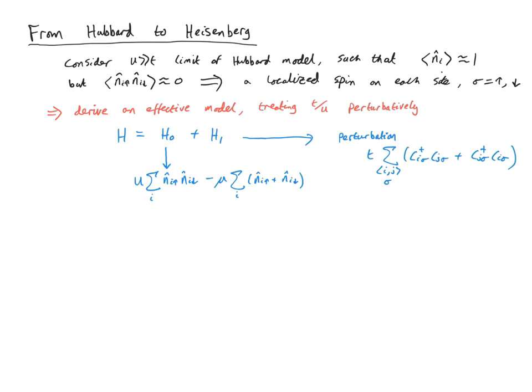But actually, we don't need to treat the entire lattice if we're just doing second-order perturbation theory, which is what we're going to be doing here. And so for simplicity, I'm actually going to just consider a two-site lattice, a very simple, simplified model. It's actually enough to see what's going on in this system, and that's why we'll do it.